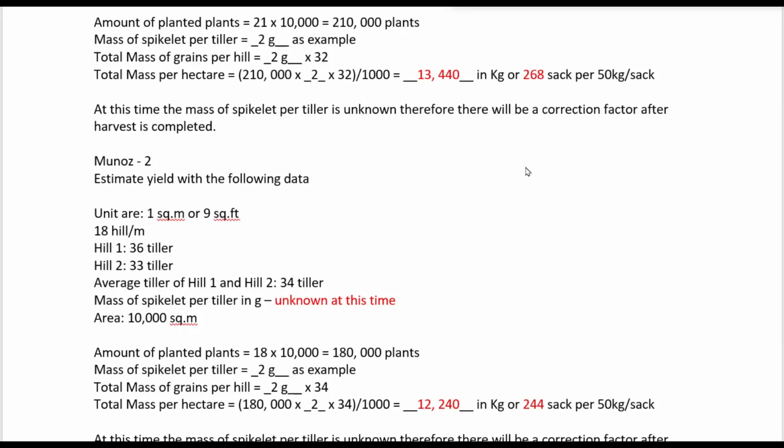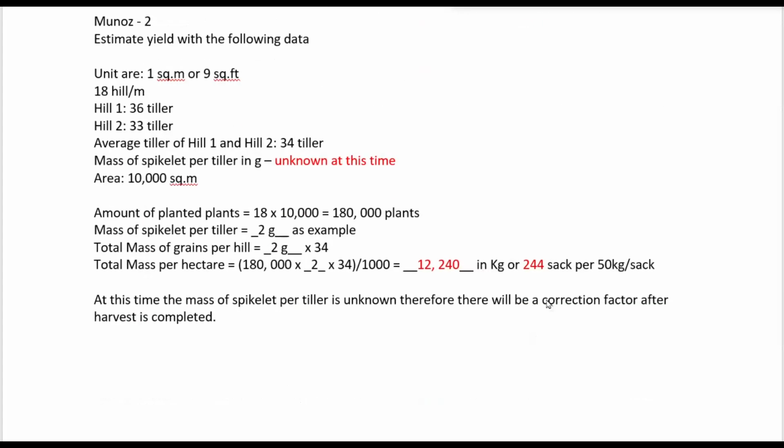So as I gather more data and understand the correction factor, then I can come close to correcting the estimate versus the actual yield. And that is the next thing I want to understand.